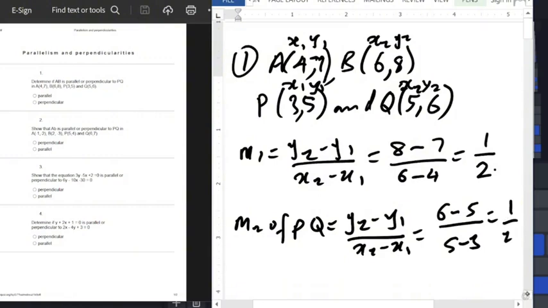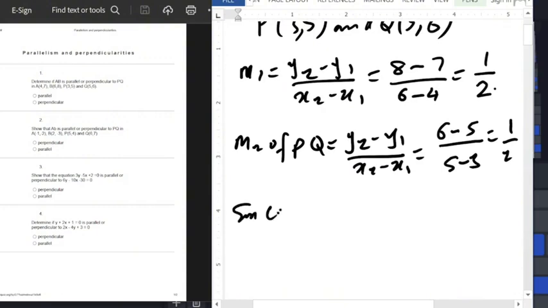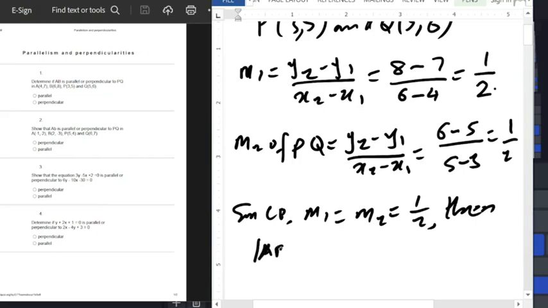So you can now conclude that since M1 equals M2, which equals half, line AB is parallel to line PQ. So that is option A.